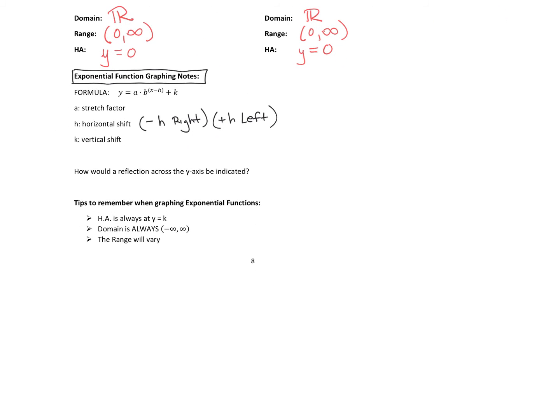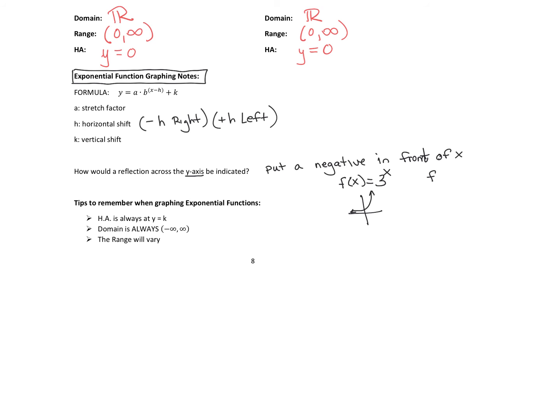If we wanted to reflect it across the y-axis, then we would have to put a negative sign in front of the x. So let me show you that, and we've actually just seen it above. When I have f of x equals 3 to the x, we know that graph is increasing.